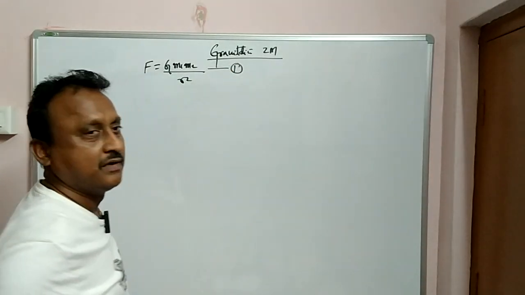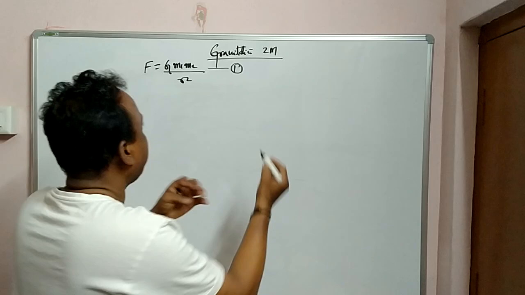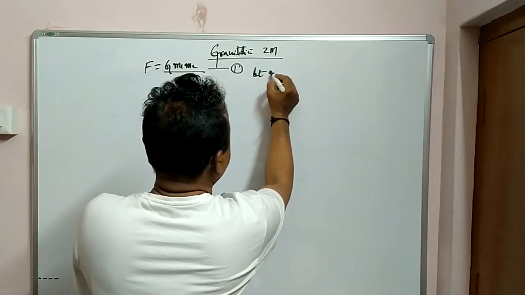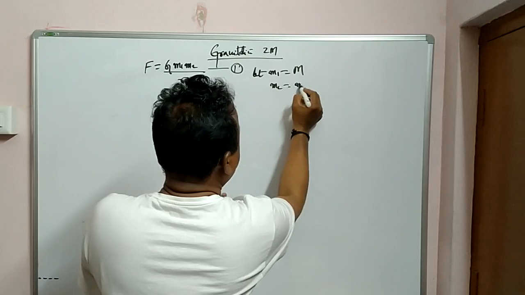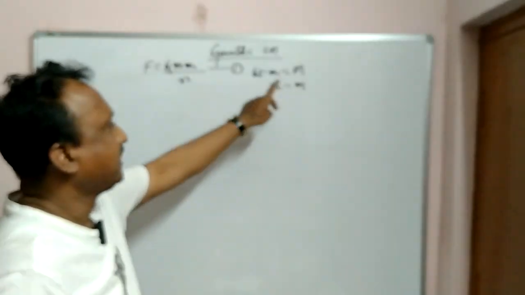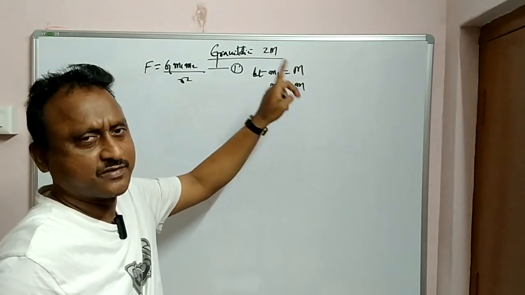Equation 1. Now let us assume m1 is capital M and m2 is small m.